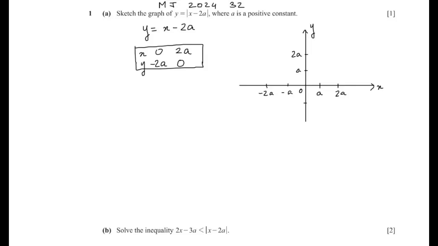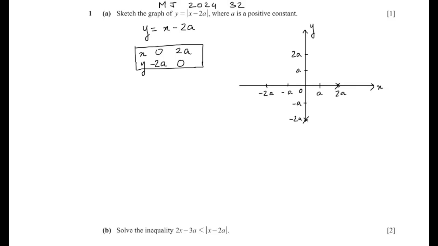Negative a and negative 2a on the y-axis. So when x is 0, y is negative 2a, which is down here, and when y is 0, x is 2a, that's here.